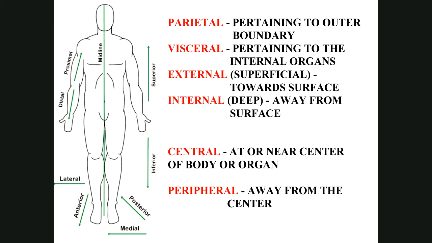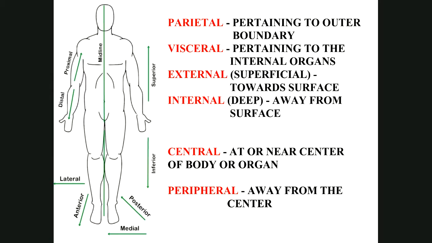Now, when you talk about the human body, especially people in the medical field, they have terms for things. And these are what they call directional terms. For example, if you look at that little person there in the drawing, you see there are terms like superior and inferior.